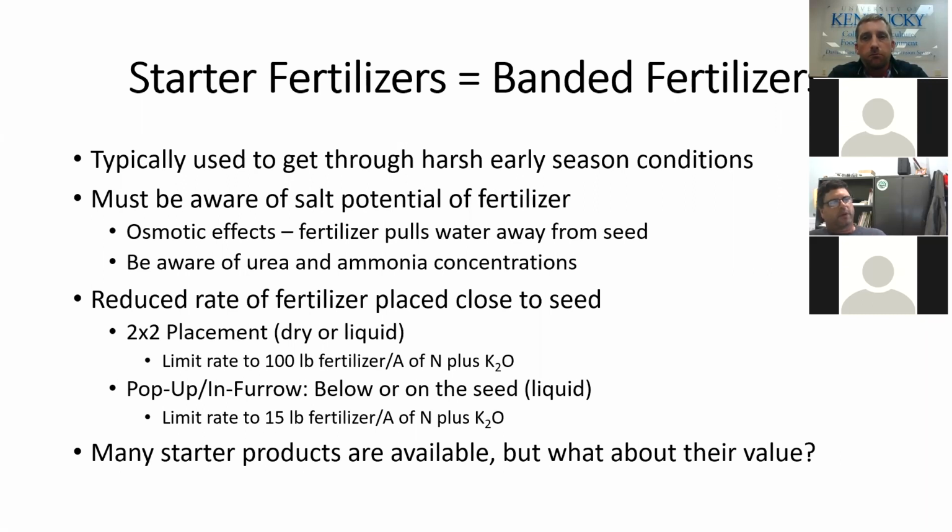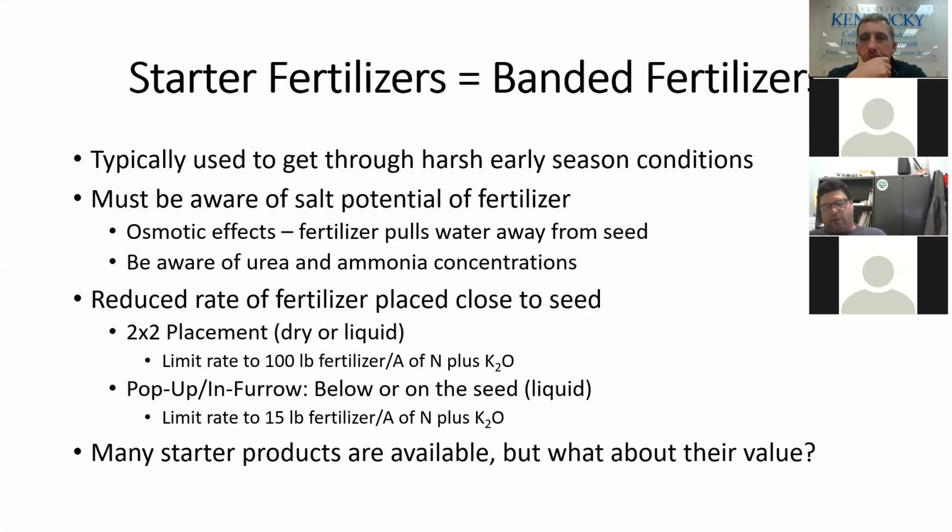So if you have too much salt next to that seed, we can pull the water away. Same thing that goes on when you're applying anhydrous ammonia in the spring. You don't want to plant right on top of that row the next day after you inject your anhydrous. You have salt effects. It's pulling the water away. And then another thing we have working against us is urea.